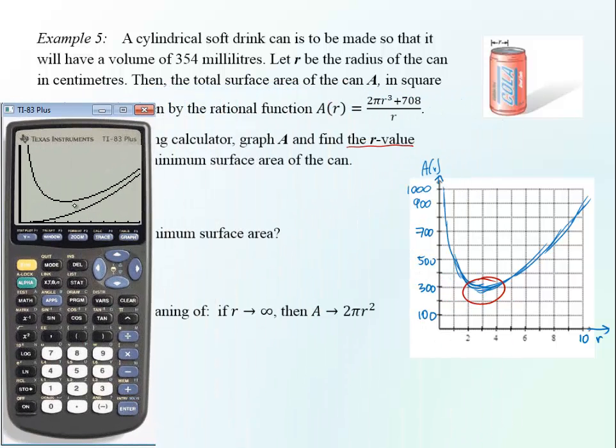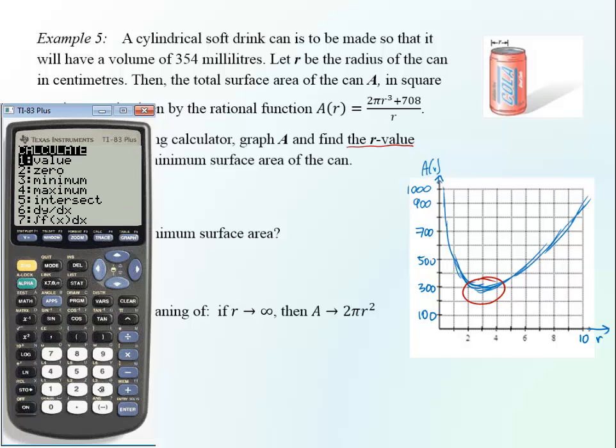We find this minimum by using second calc function, minimum number 3, and then move the flashing point before the expected minimum, enter, after the expected minimum, enter, and then the approximation, our guess, enter again.